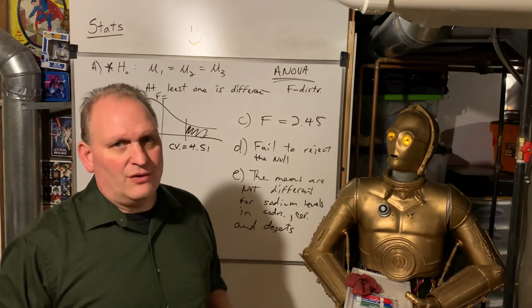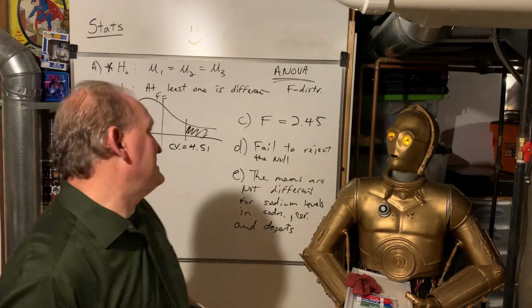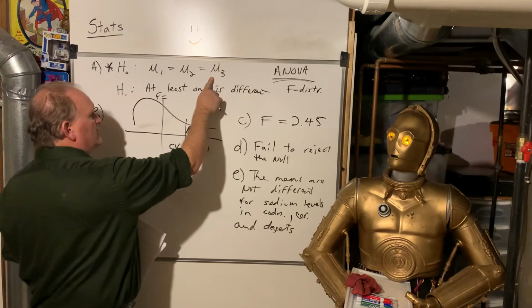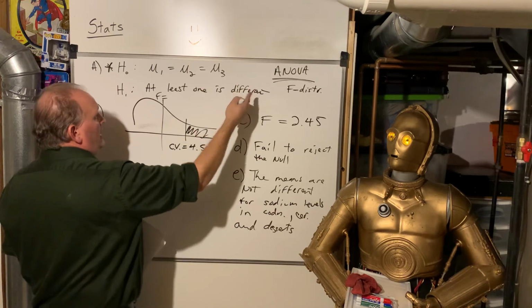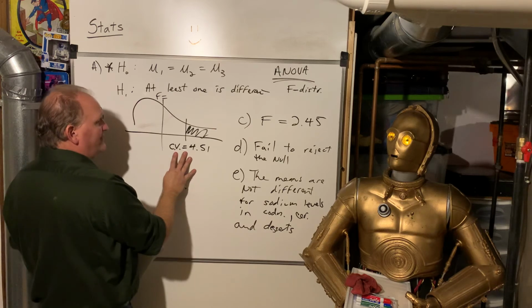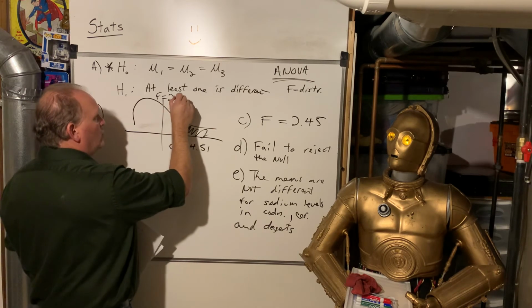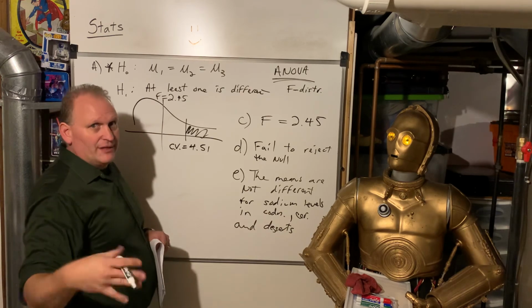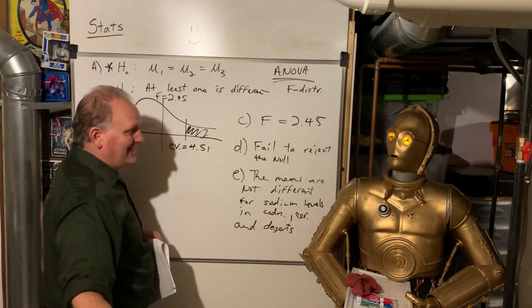So the big thing with ANOVA is that you know that there is a test out there where you can compare more than 2 means, 3 or more. And we're going to use a skewed distribution again, the F distribution, but we will not be doing the calculating. The calculating will be done with statistical software, like Excel.